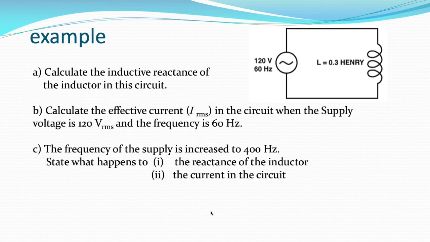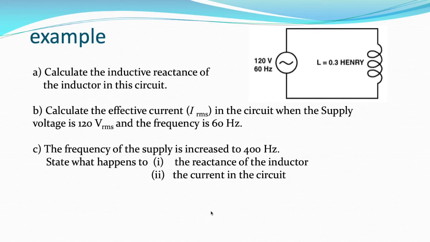And calculate the effective current, that's IRMS, in the circuit. And if the frequency of the supply is increased to 400 hertz, state what happens to the reactance of the inductor and the current in the circuit.